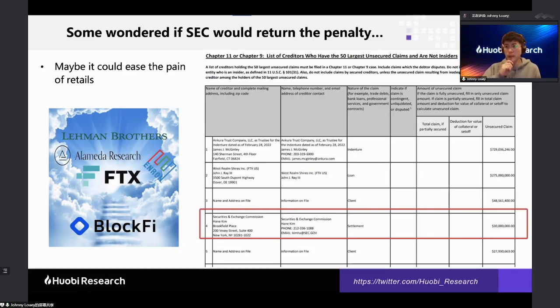I see. So the SEC sued BlockFi, and they came to an agreement that the lawsuit could be settled by paying a settlement fee. Basically, the SEC said you are violating our rules, and if you want to settle this, you're gonna give us money, and that's $30 million.